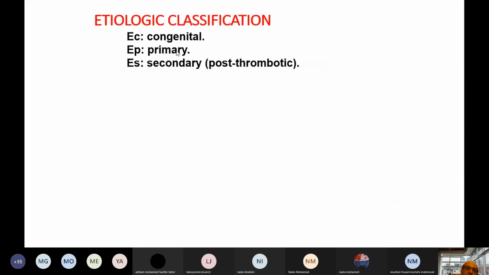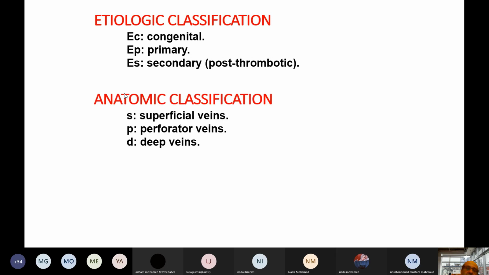The etiology of this patient is primary or secondary according to the tabulations that we will see in the future slides, and according to the anatomy, the affected part is superficial or deep. It goes without saying that if I have a primary varicose vein, it affects the superficial veins, and if I have a secondary varicose vein, it affects the deep system plus or minus superficial veins.